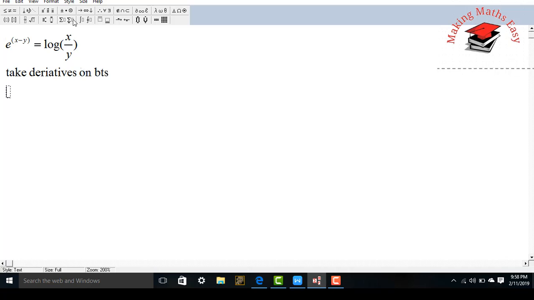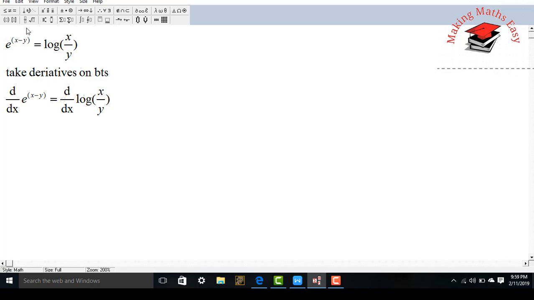After taking the derivative on both sides, you will get d upon dx of e raised to x minus y is equal to d upon dx of log of x upon y.